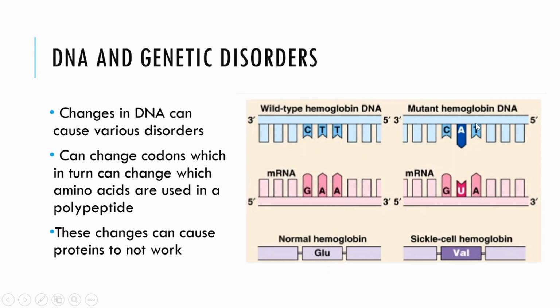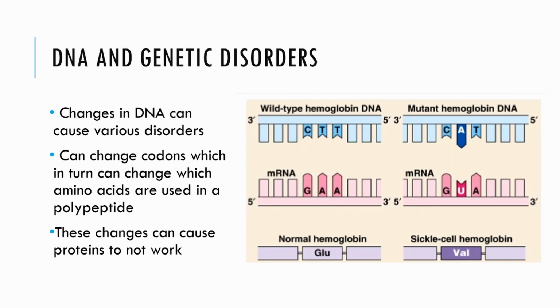But if we have a change in DNA, we've changed this middle T to an A, CAT. Our mRNA has now changed to GUA, which has changed our amino acid to valine instead. That one small change in amino acids changes the entire shape of the hemoglobin molecule.